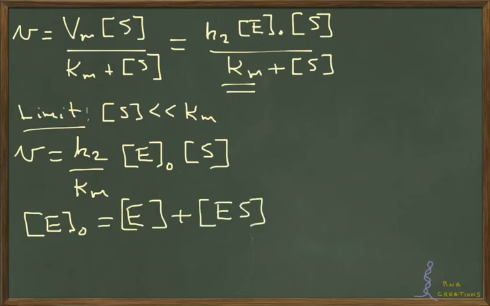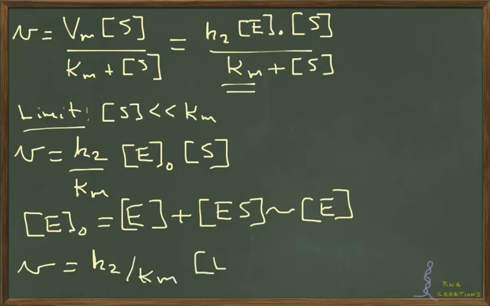But because the concentration of substrate is low relative to the Km, most of the enzyme is not bound up with substrate, so it's approximately equal to E. And so, in other words, under these conditions, V is equal to kcat over Km times the concentration of free enzyme times free substrate, which is exactly what we expect from what we derived on the previous equation.